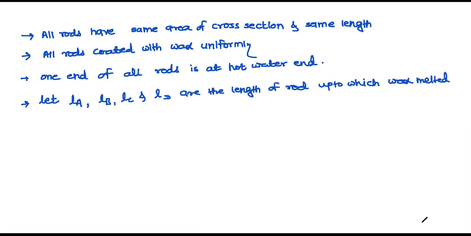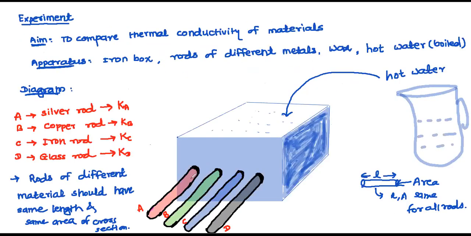Means let's go back to the first point. Now see here, let us assume that in this case the wax is melted till here. In this case, let us suppose till here. In the third case, let us suppose up to here, and in the fourth case till here only.